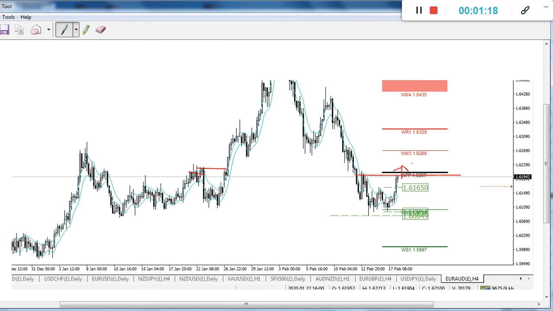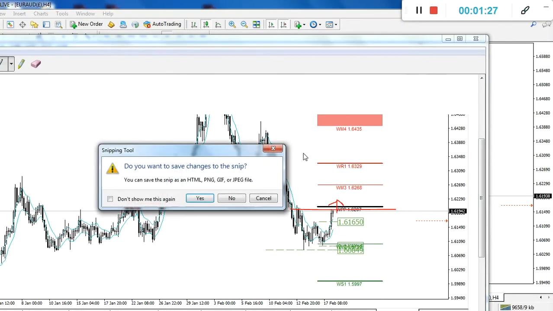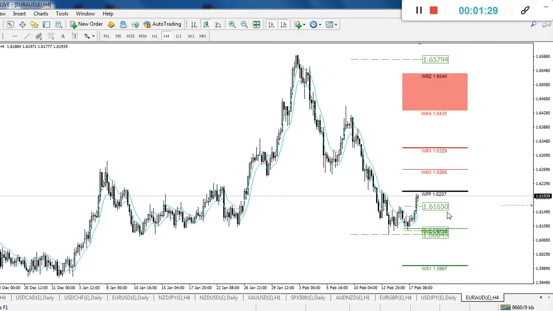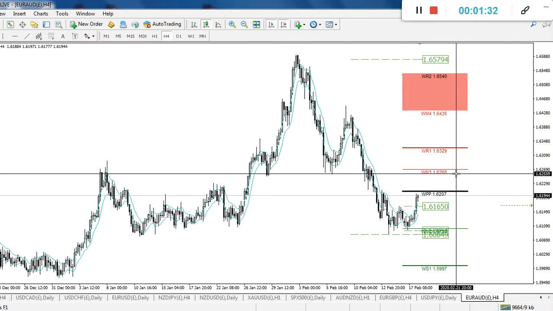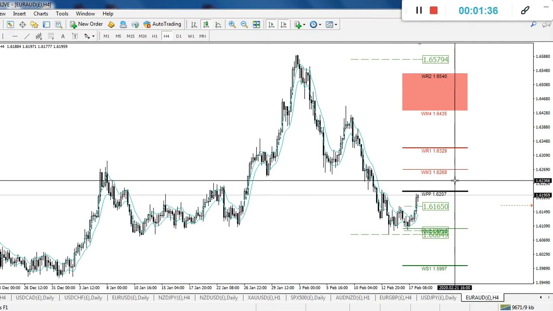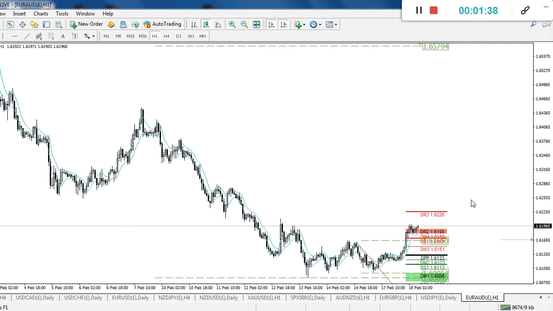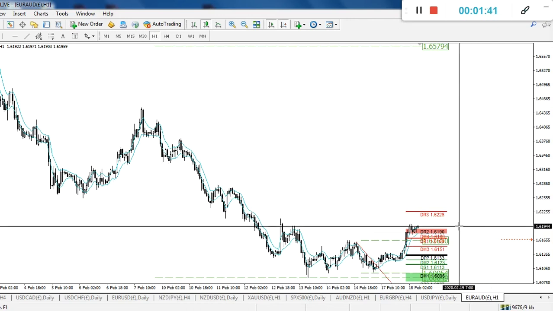Retracing all the way to 161.55 is probably a bit too much to ask for now. So if it breaks at about 162.05 and runs to 162.26.